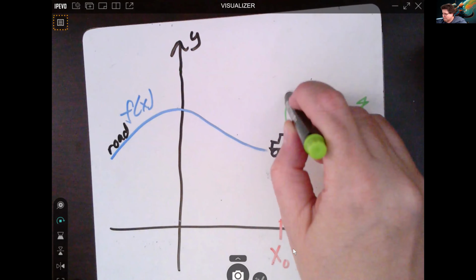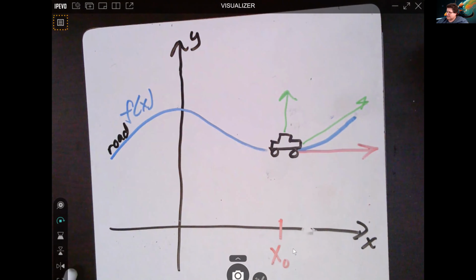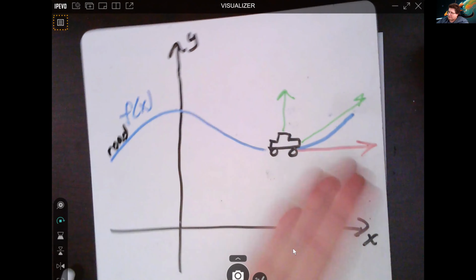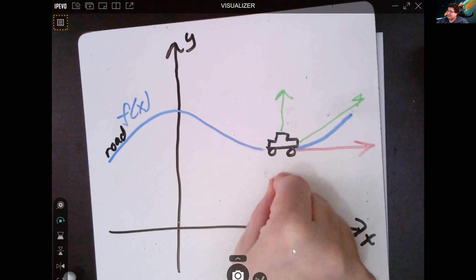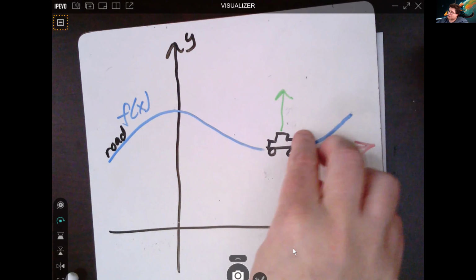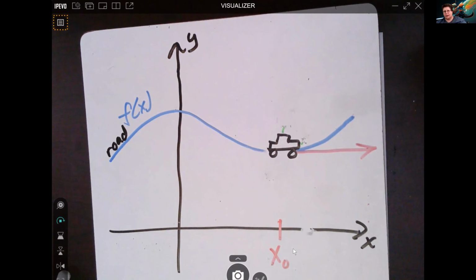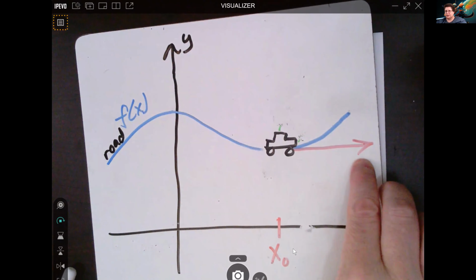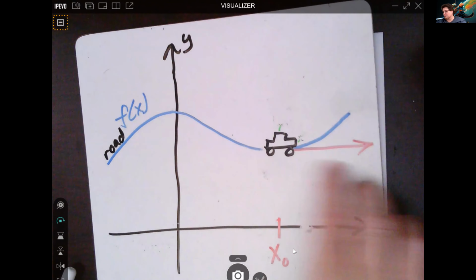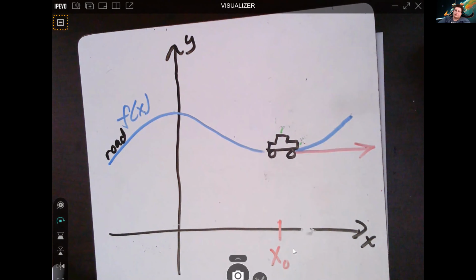We have a component like this, and this is changing all the time. On a curve, when we're turning left, we feel like our body is pushed to the right because we still have forward motion in that direction. So it feels like we're being pulled to the right when we're actually turning left.